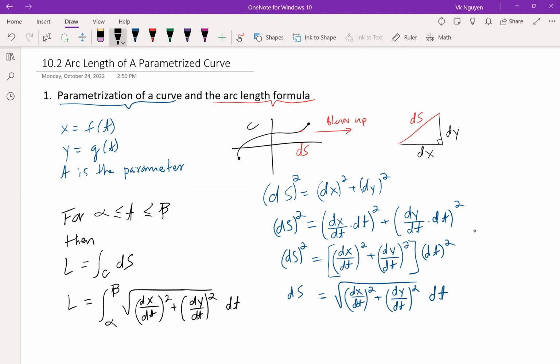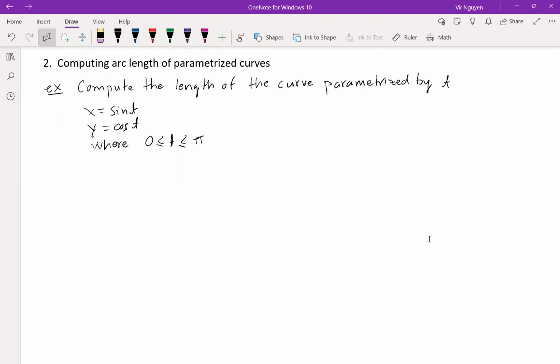Let's take a look at how we apply the formula to computing arc length of parametrized curves. Example: compute the length of the curve parameterized by t, x equals sine t, y equals cosine t, where 0 is less than or equal to t, less than or equal to pi.